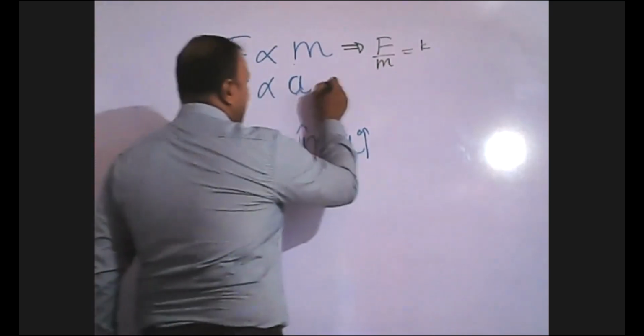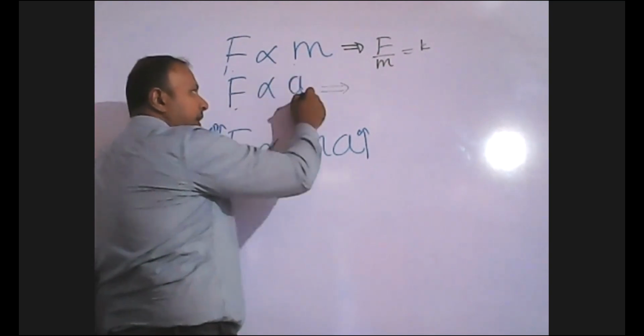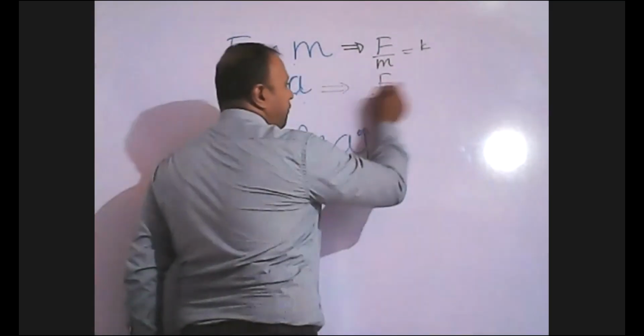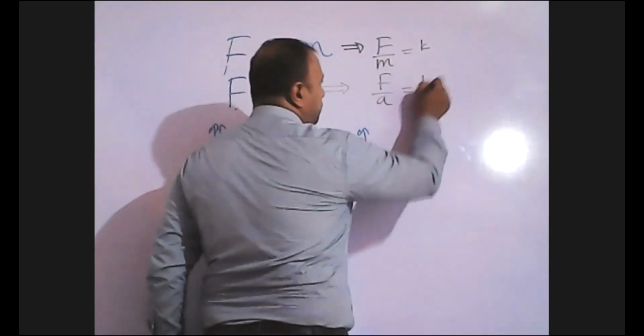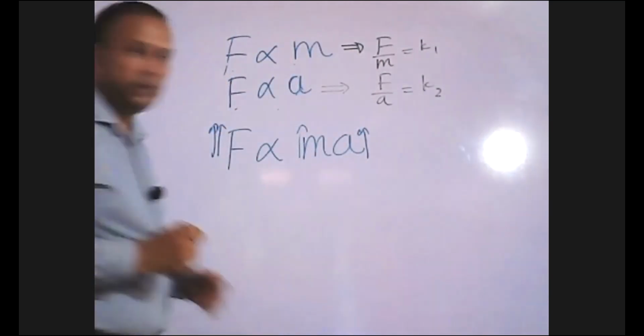If F directly proportional to A, that means F over A is a constant too. K1 and K2.